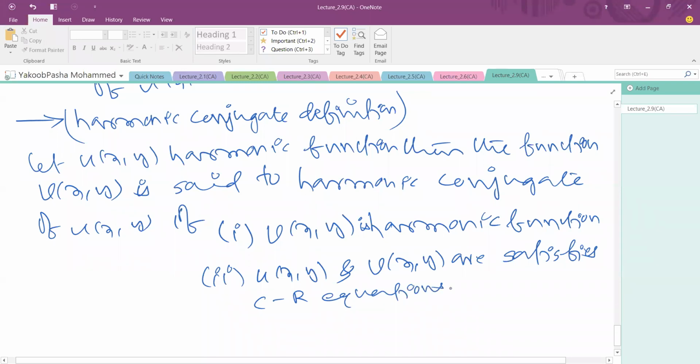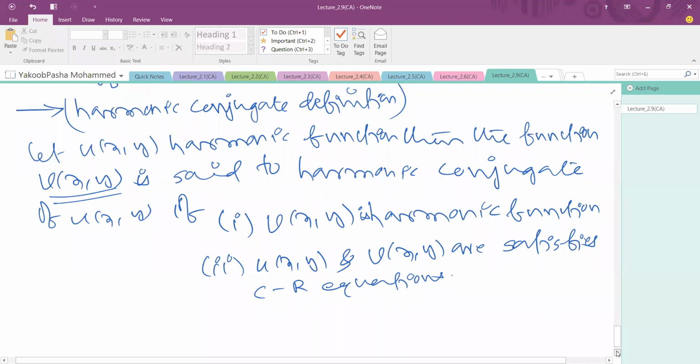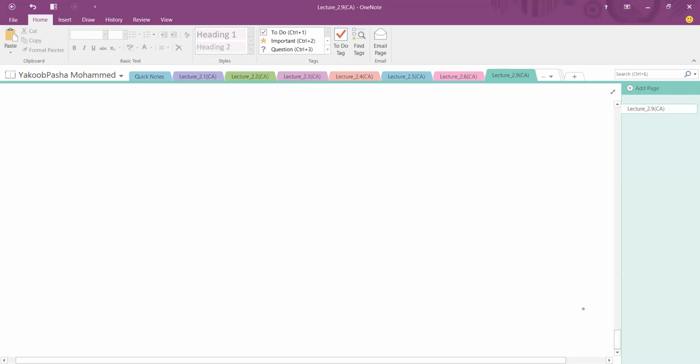That means the function is itself harmonic and also satisfies the Cauchy-Riemann equations with u of x comma y. In this case, we say that v of x comma y is called harmonic conjugate of u of x comma y. Now, the condition is necessary and also sufficient.